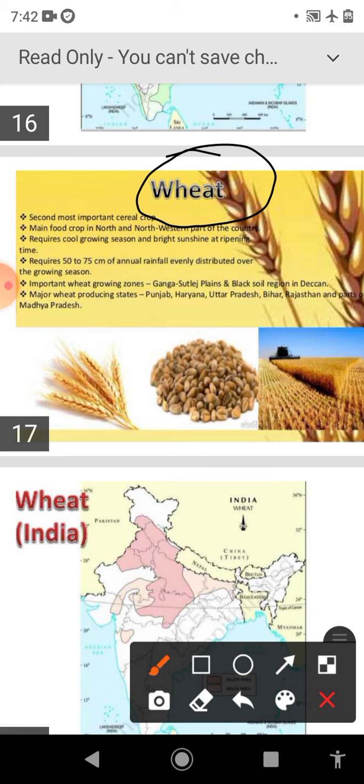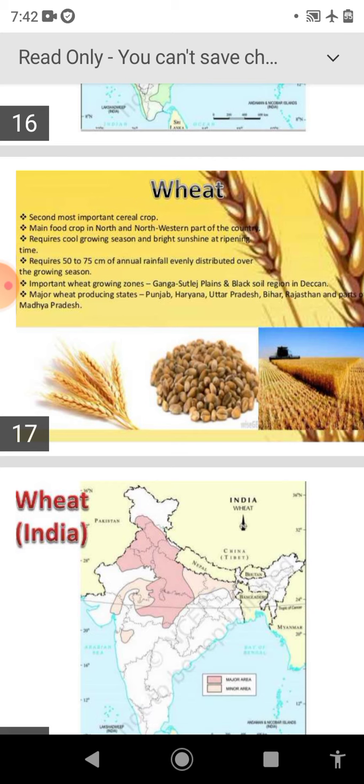Rainfall requirement is about 50 centimeters to about 75 centimeters. And with regard to the soil, it requires well drained, heavy textured soil with lime. It also grows well on alluvial and black soil.